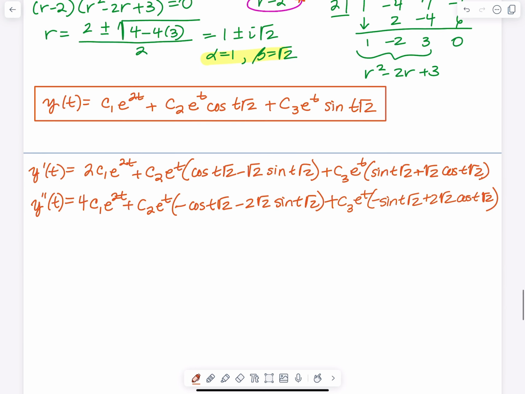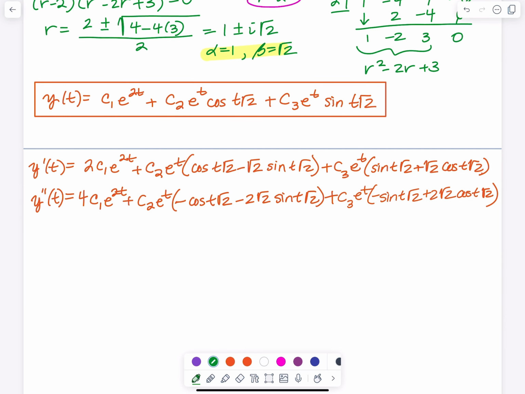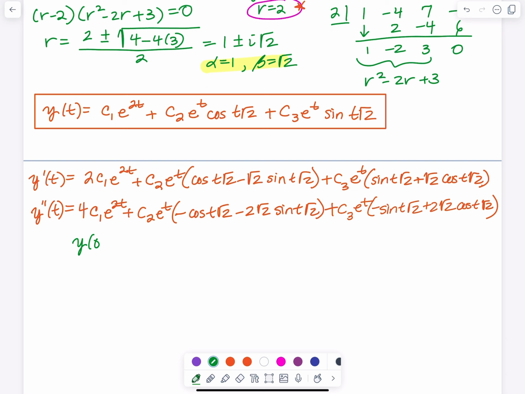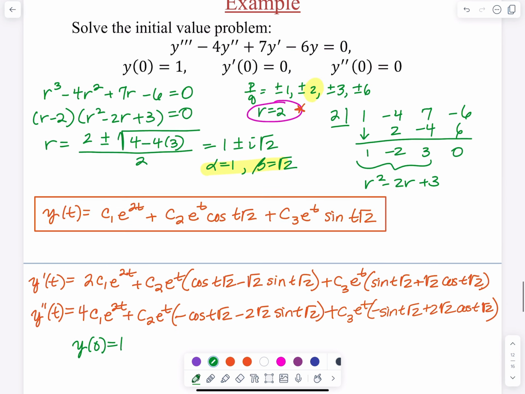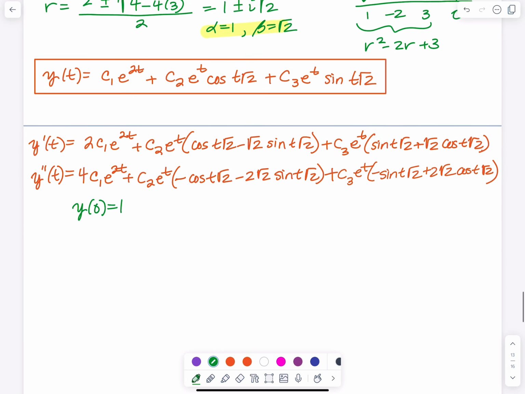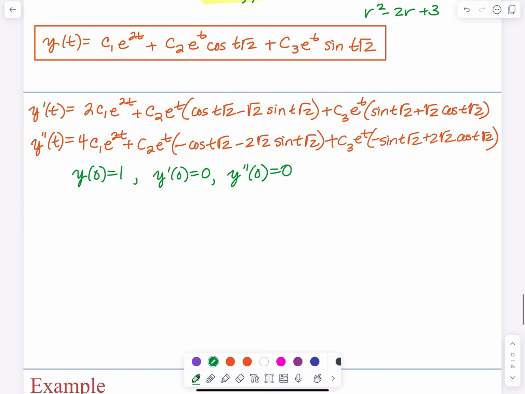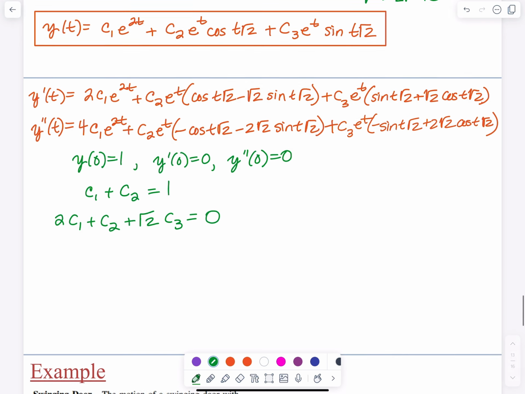Using those initial conditions, we have y of 0 equals 1, and y prime and y double prime at 0 equal 0. Putting these together, we have c1 plus c2 equals 1, and then 2c1 plus c2 plus root 2 c3 is equal to 0.